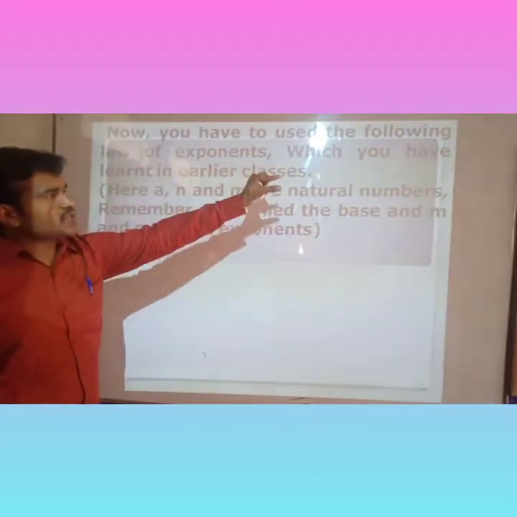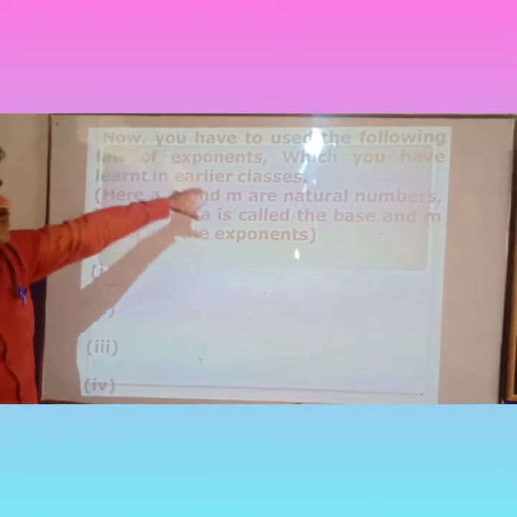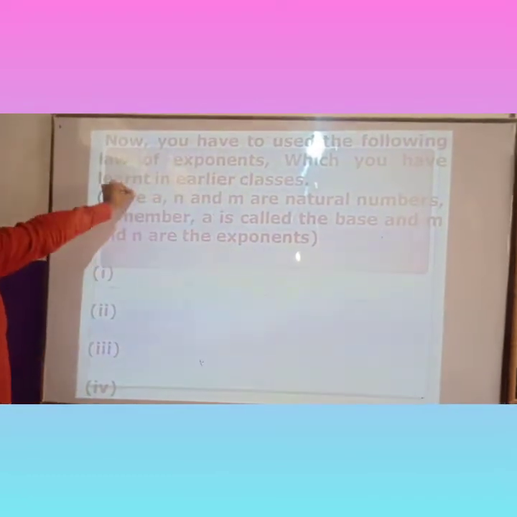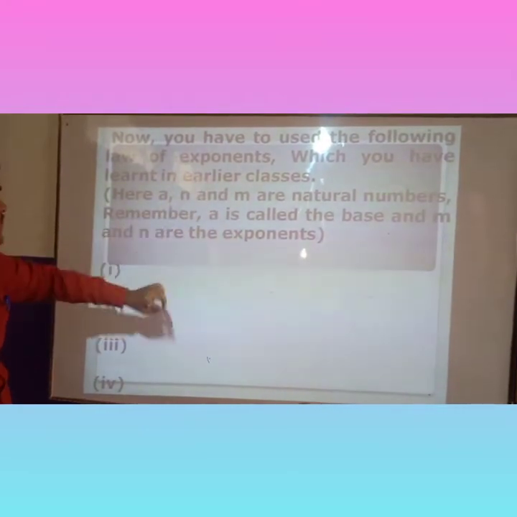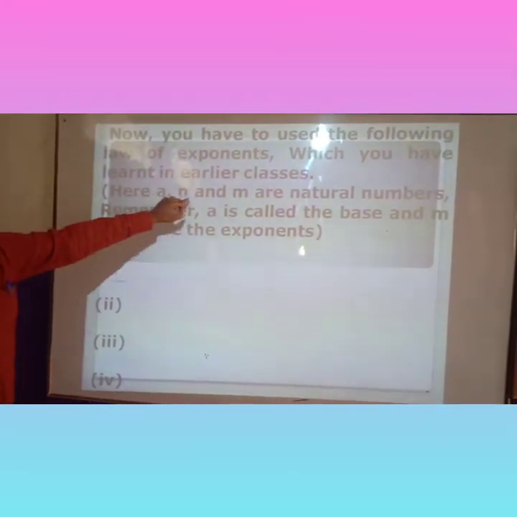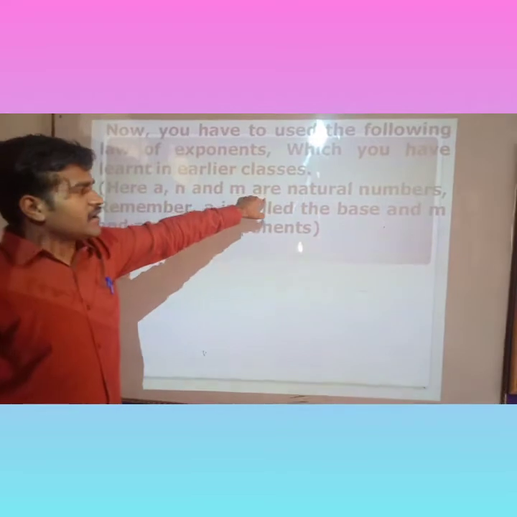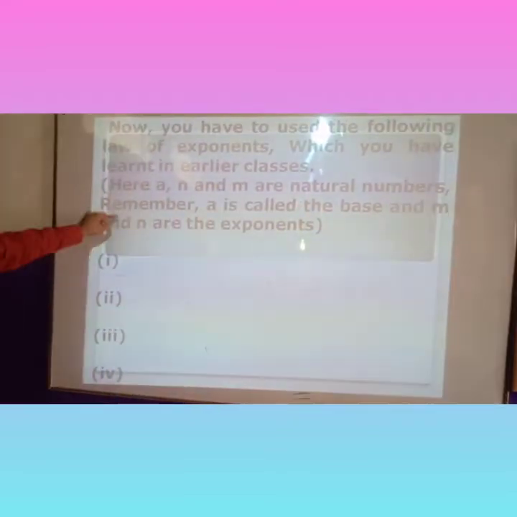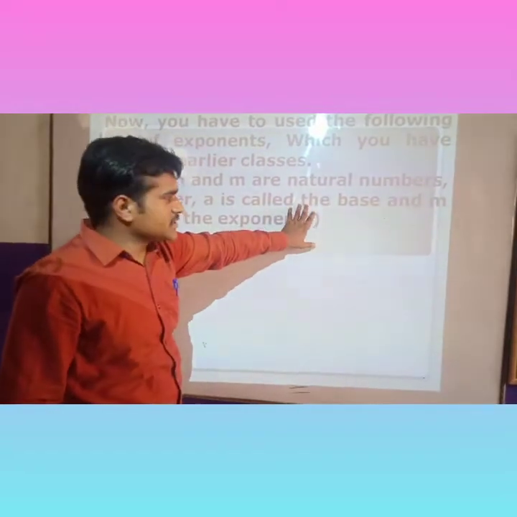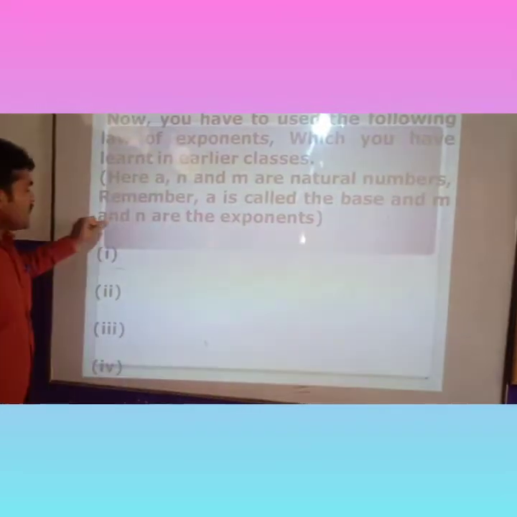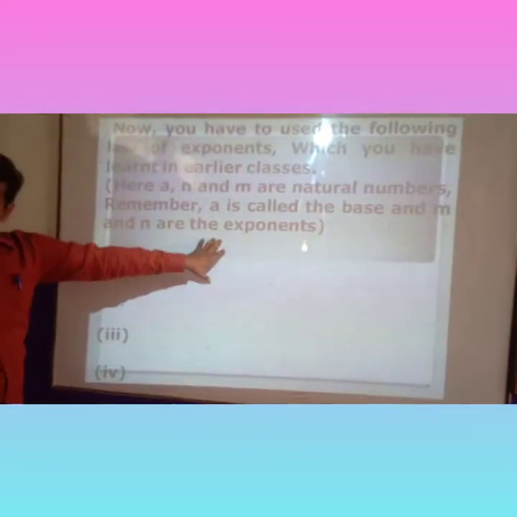Now you have to use the following laws of exponents which you learned in earlier classes, in class 7 and class 8. Here a, n and m are natural numbers. Remember, a is called the base, and m and n are the exponents.